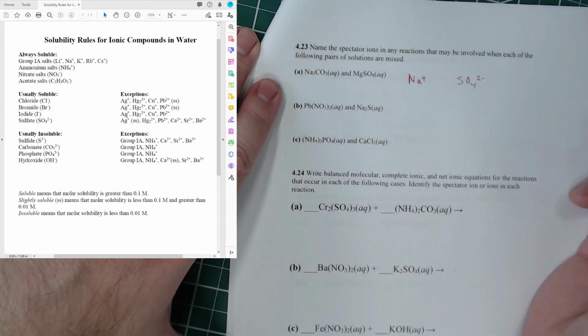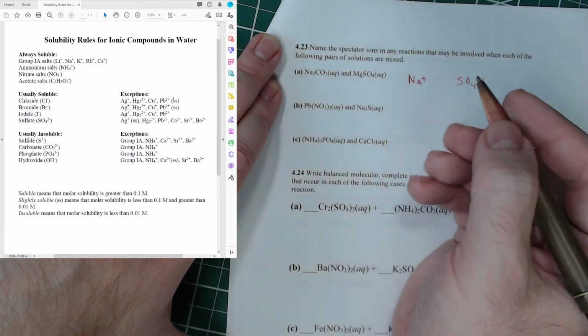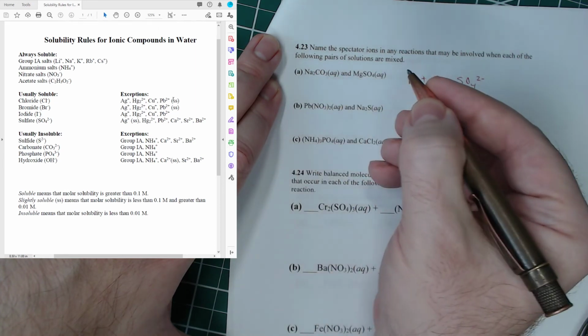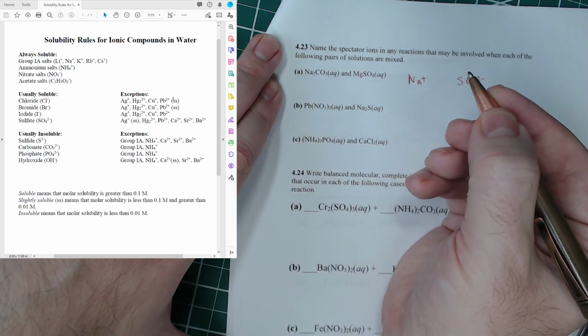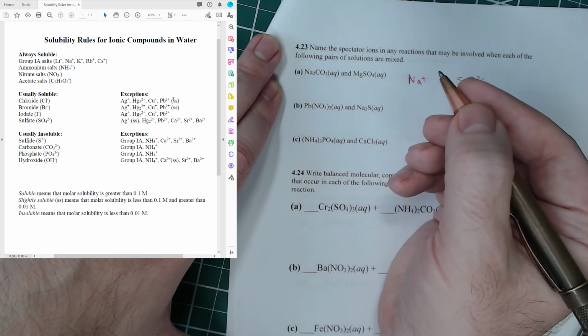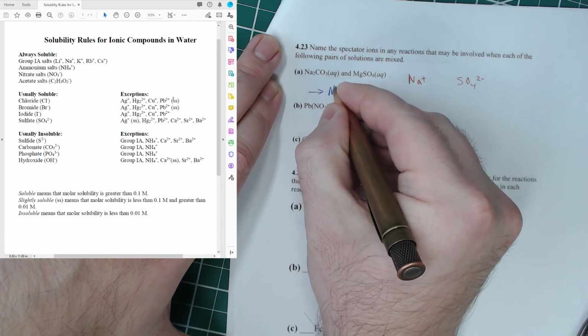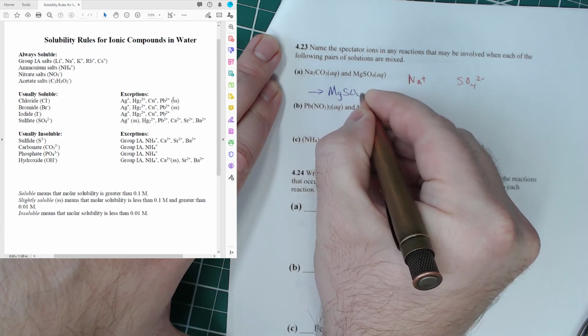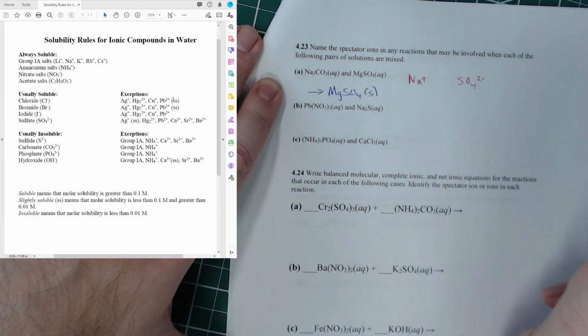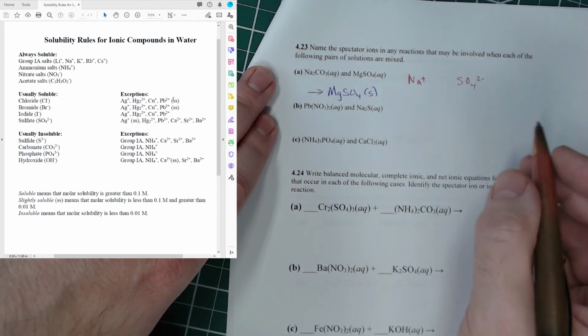That's all we're asked to do. If you want to figure out what the other things are, just in case you're curious, magnesium carbonate is going to be the solid. So MgSO4 is going to be your solid, in case you want to try to write out a molecular equation there.